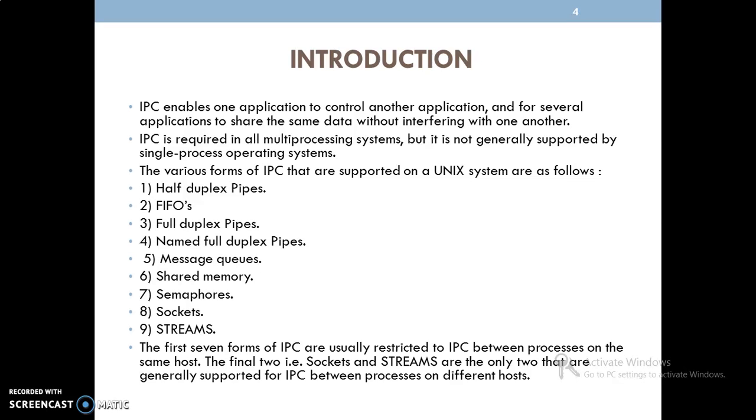As I told already, there are many methods we use for IPC. The first one is half duplex pipes. The second one is FIFOs. The third one is full duplex pipes. Then named full duplex pipes, message queues, shared memory, semaphores, sockets, and streams.